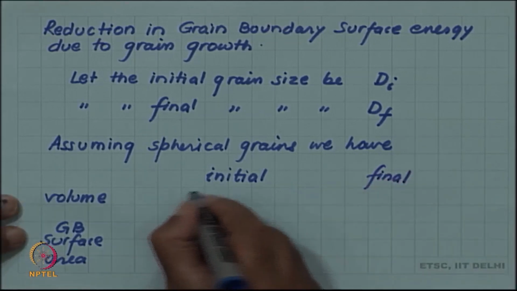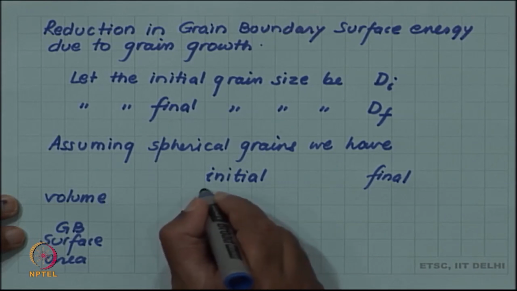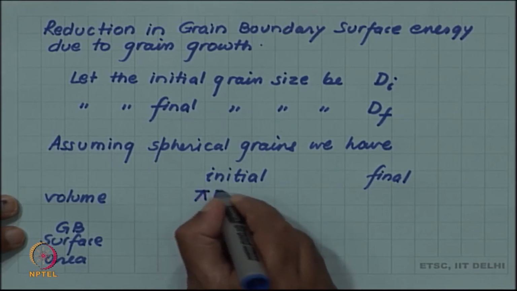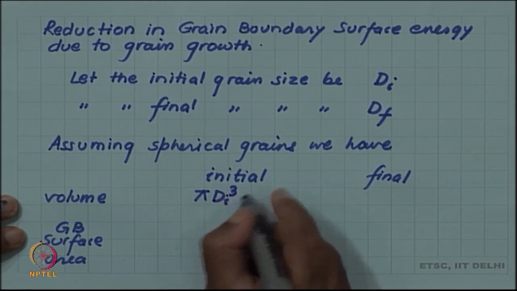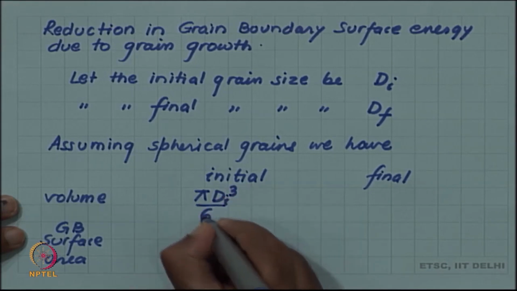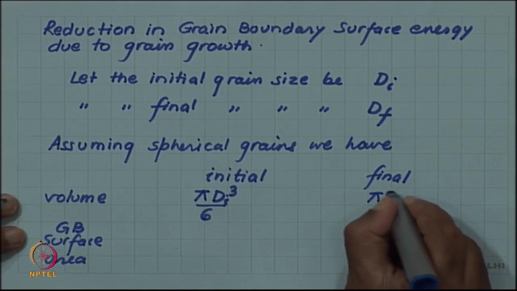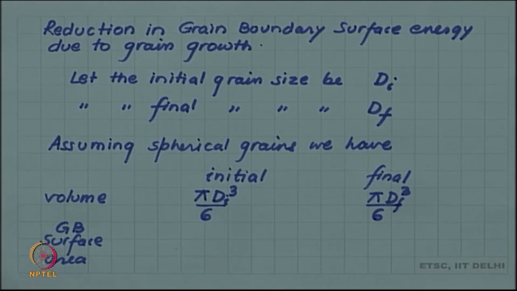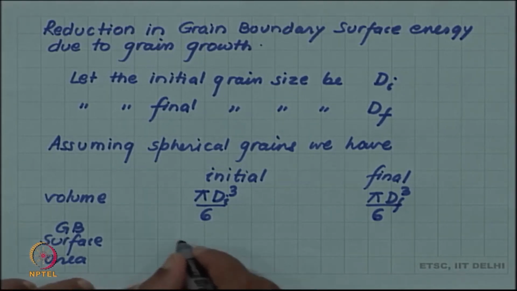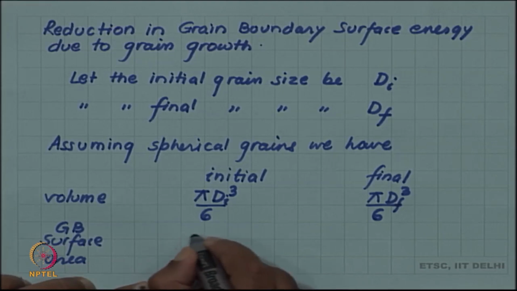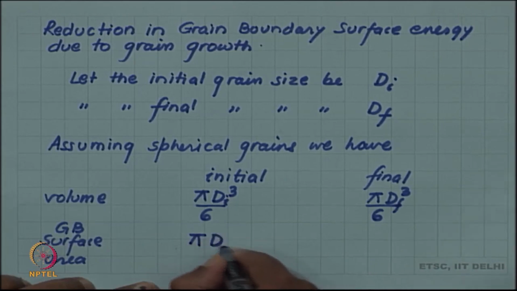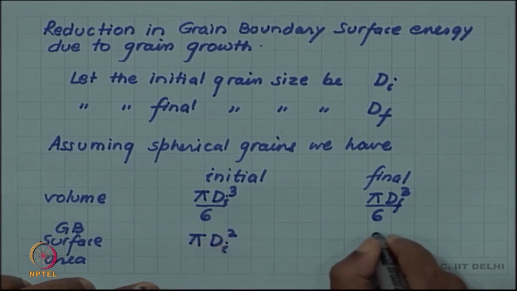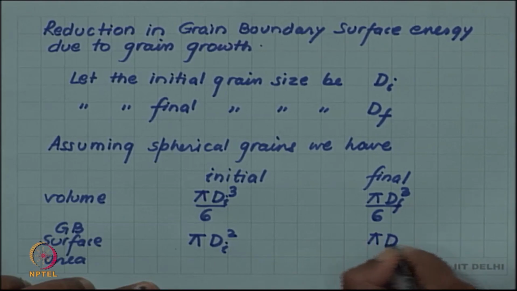So, the volume will be pi di cube by 6, it will be pi df cube by 6, and the surface area will be pi di square, pi df square.